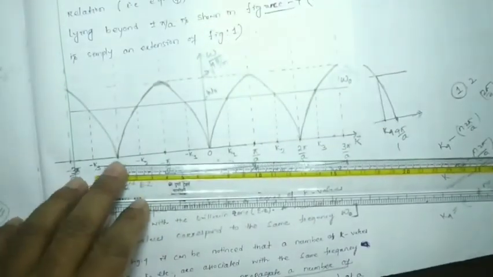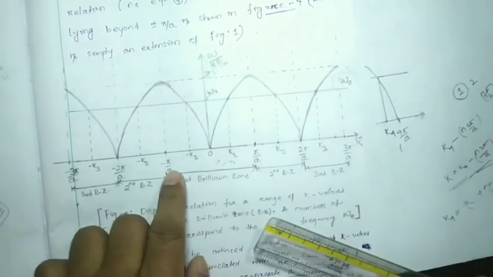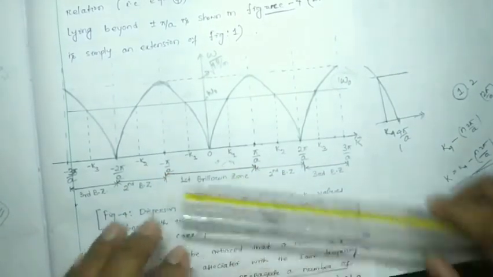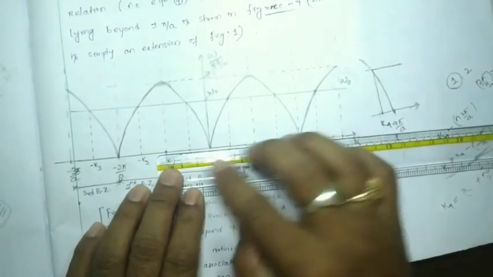I am going to show you manually. One thing you can observe here: the first Brillouin zone, that means minus pi by a to pi by a, I have taken as 6 centimeter.